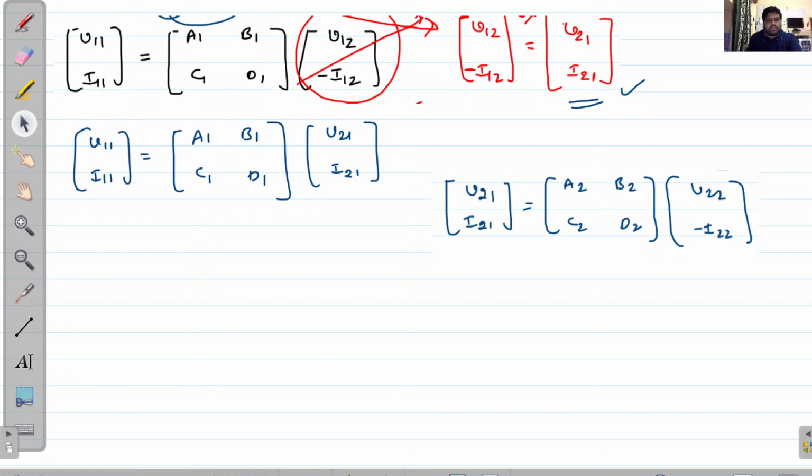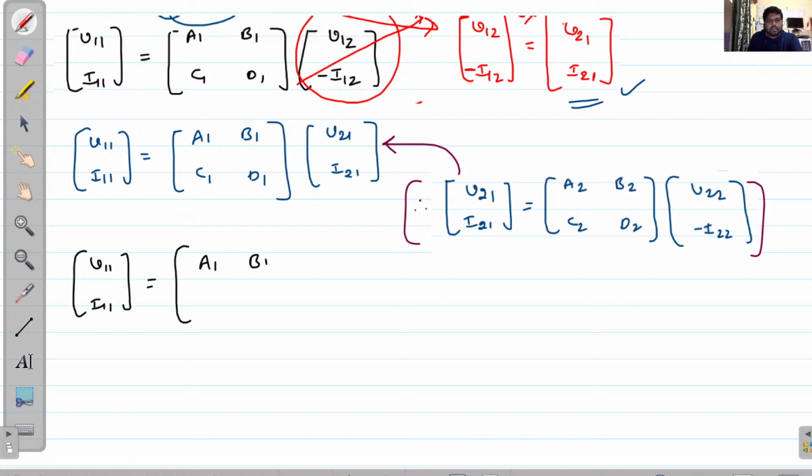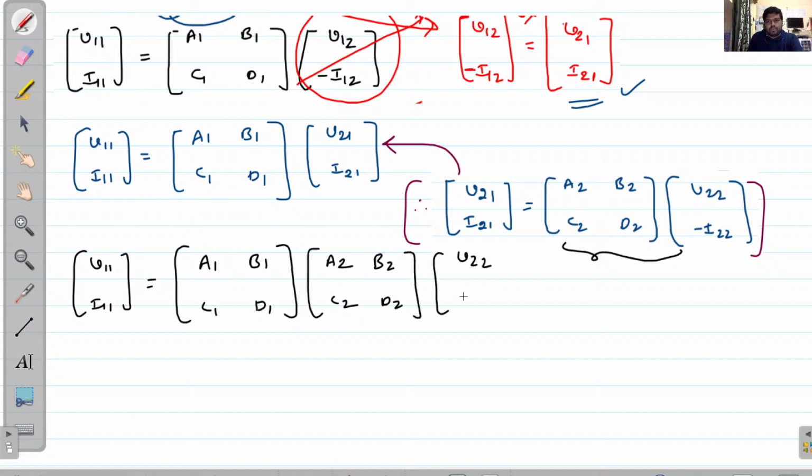You can substitute it at this place. Now you get V11 I11 equals A1 B1 C1 D1, and at this place you can write this entire expression: A2 B2 C2 D2 into V22 minus I2. So this is the expression.